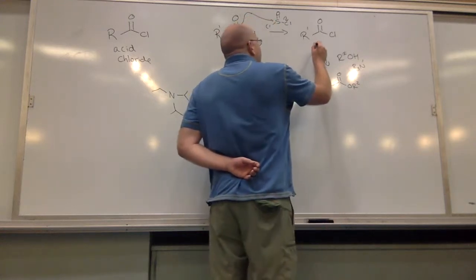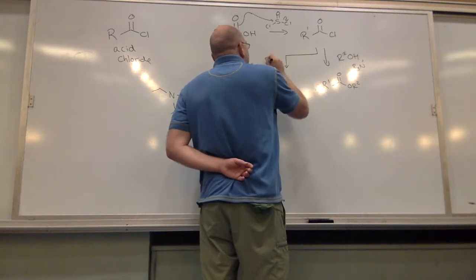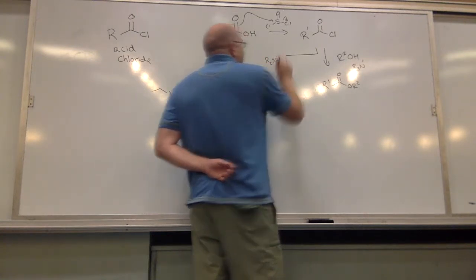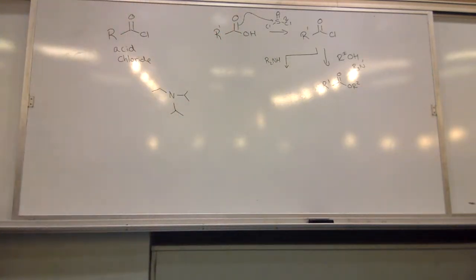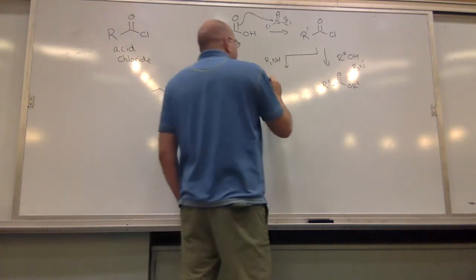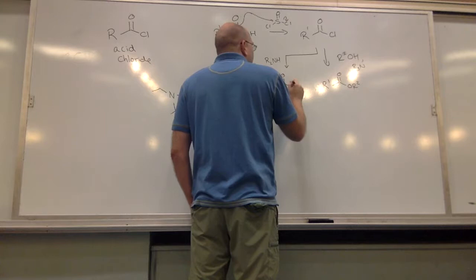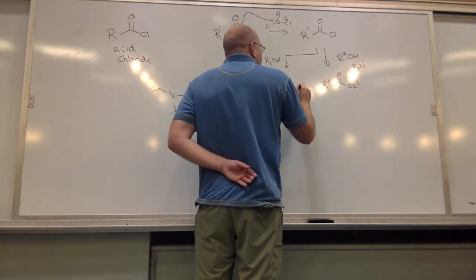You can also make amides. If you have, let's just say R2NH as an example, you can make amides. We mentioned these earlier, but we haven't really discussed the synthesis of them.